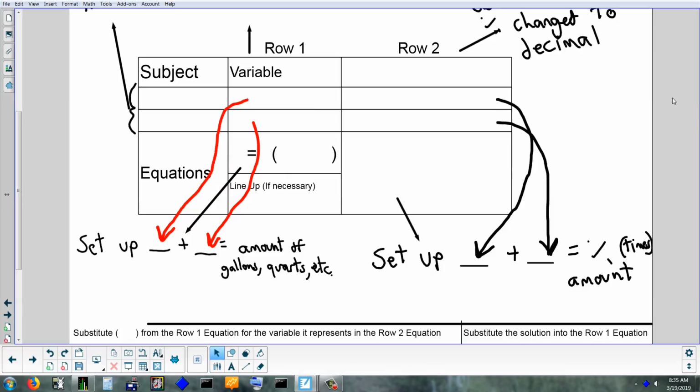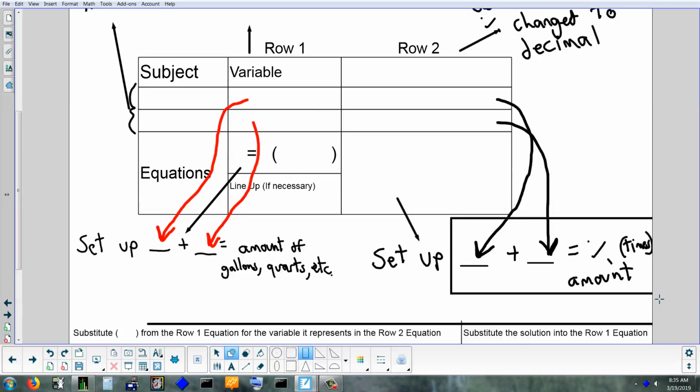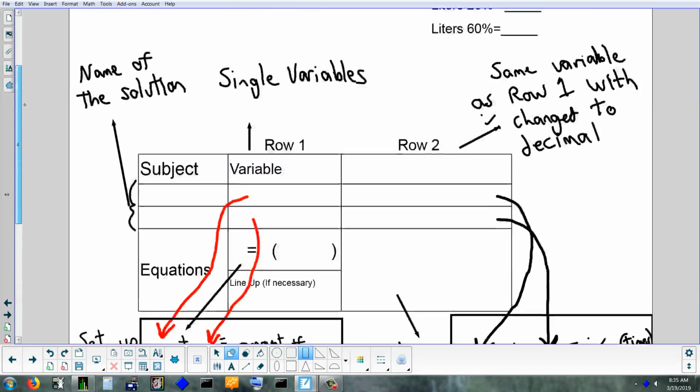It's the same exact idea. The only thing that's really new today is that your second equation has to be the other percent times the amount you want to make. That's one more step.